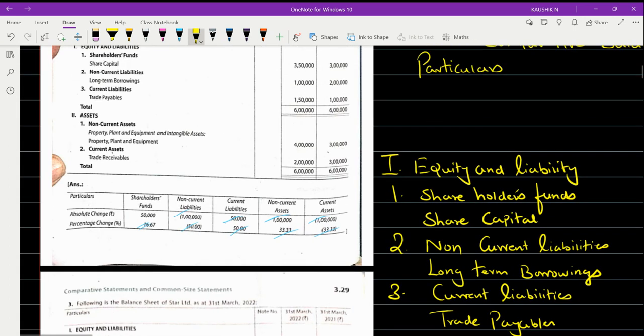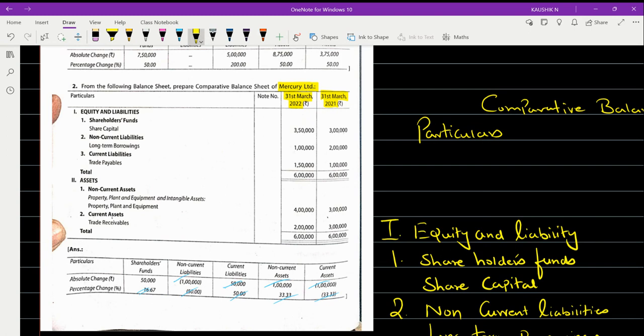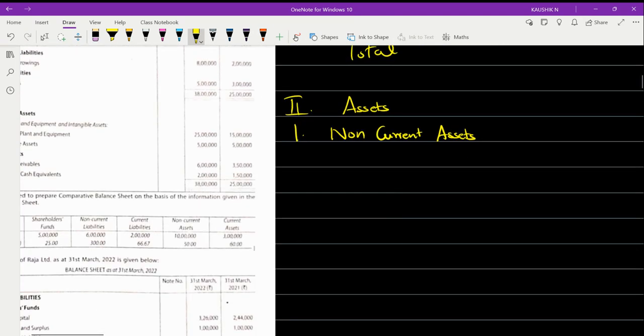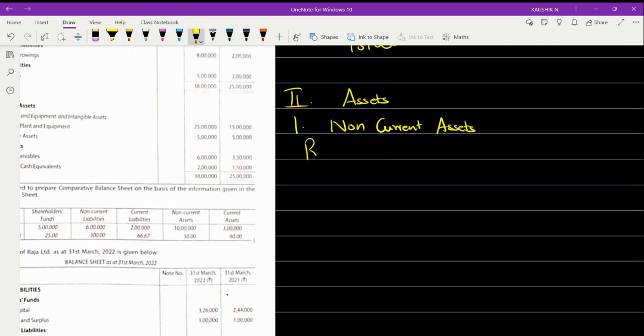Under that you have to record property, plant, and equipment and intangible assets.